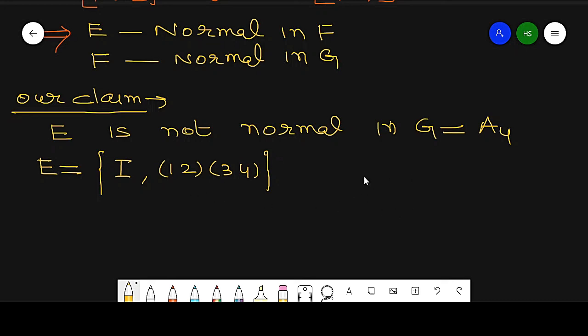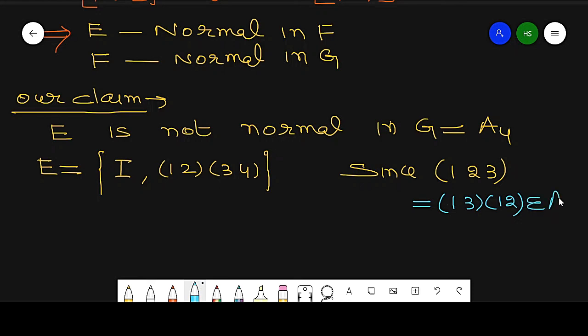So since we know that the 3-cycle (1 2 3) can be written as a product of 2-cycles, (1 3)(1 2), it belongs to A4. So this is an element of A4.